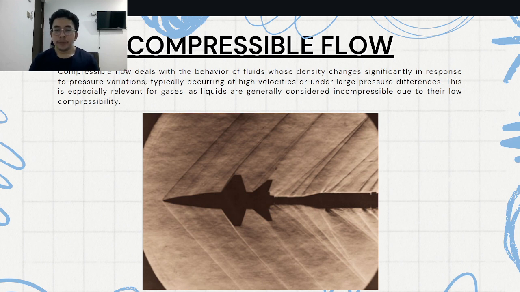The example is a rocket moving so fast that it creates a shock wave, which we can define with compressible flow. Planes, rockets, cars moving, motorcycles moving, we can define as compressible flow.